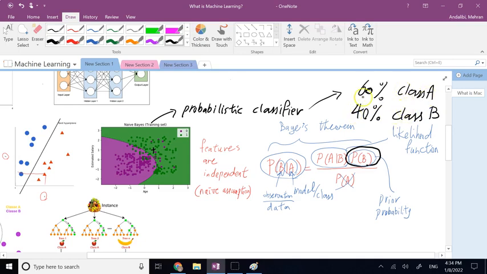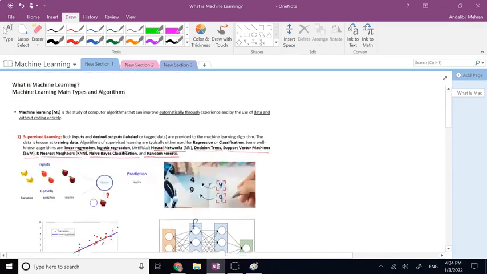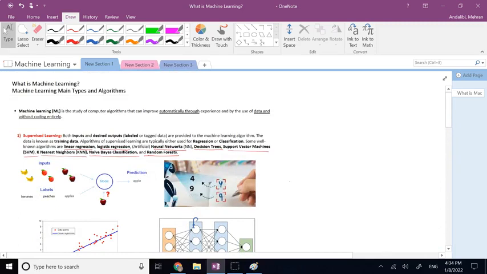It gives you a probability that the data belongs to each and every one of the classes. If you want to convert it into a binary number, you have to make some modifications. But this is, in general, what we call a probabilistic classification, and naive Bayes classifier is the simplest of them all.